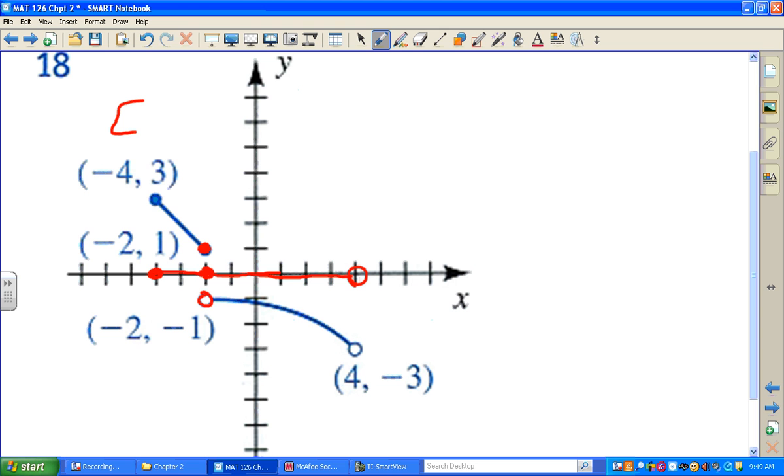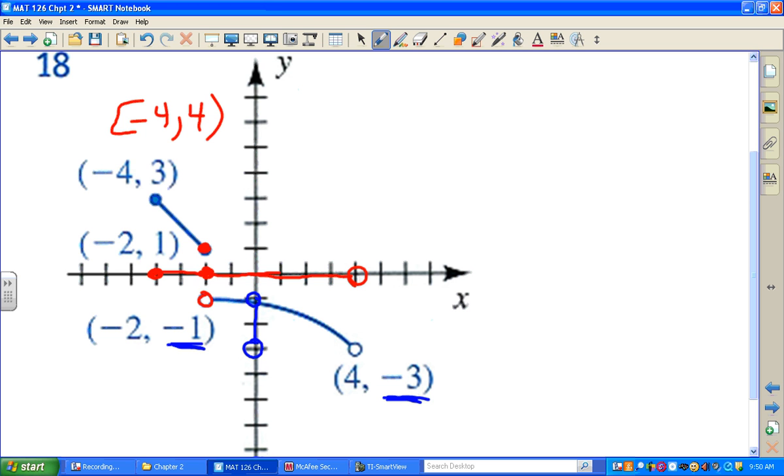So the domain is from -4 to 4. That's the domain. Closed to open. What about the y's? Which y's are we using? Yeah, -3 to -1. Open circle, right?